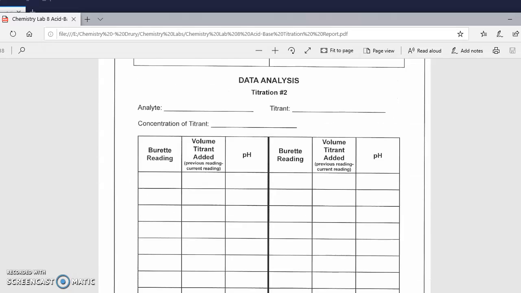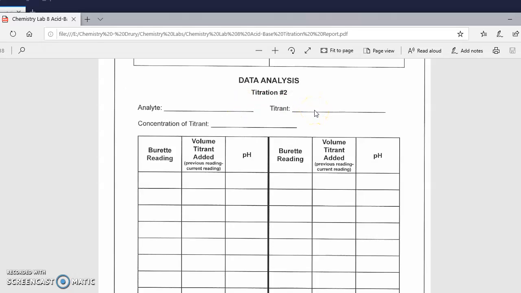Let's go on to this one right here for data analysis titration number 2. Here we're going to do a weak acid and a strong base. So for the analyte, we're going to have 10.0 milliliters of 0.10 molar acetic acid, HC2H3O2.